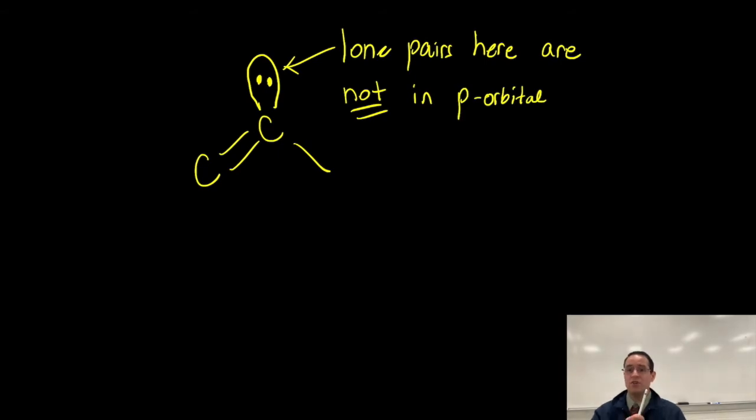Why are they not in the p orbital? Because there's a pi bond there. It has the p orbital making that pi bond. So those lone pairs are actually twisted orthogonal to it, okay? So those lone pairs are not part of the p orbital, okay?